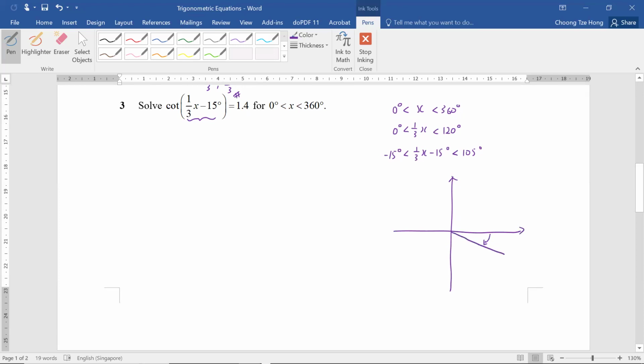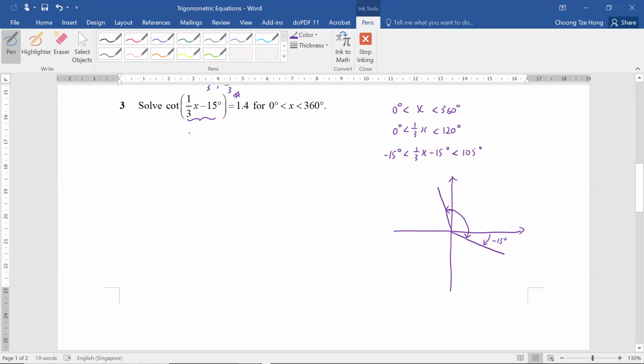Remember, if it's a negative angle, you go in this direction. Then 105 will be somewhere around here, 90 plus another 15. So you are just searching within this small range, from here to here: just a bit in the fourth quadrant, a bit in the second quadrant, and the whole of the first quadrant only.